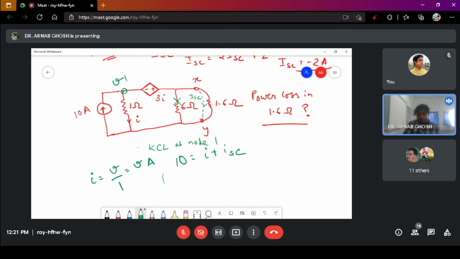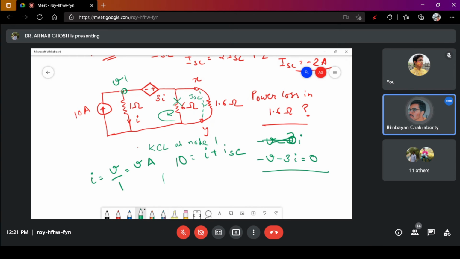The voltage across the 1 ohm is I into 1, that is V volts, and this is 3I given, so minus V minus 3I is equal to 0. We have applied KVL to this loop. It should be plus 3I.